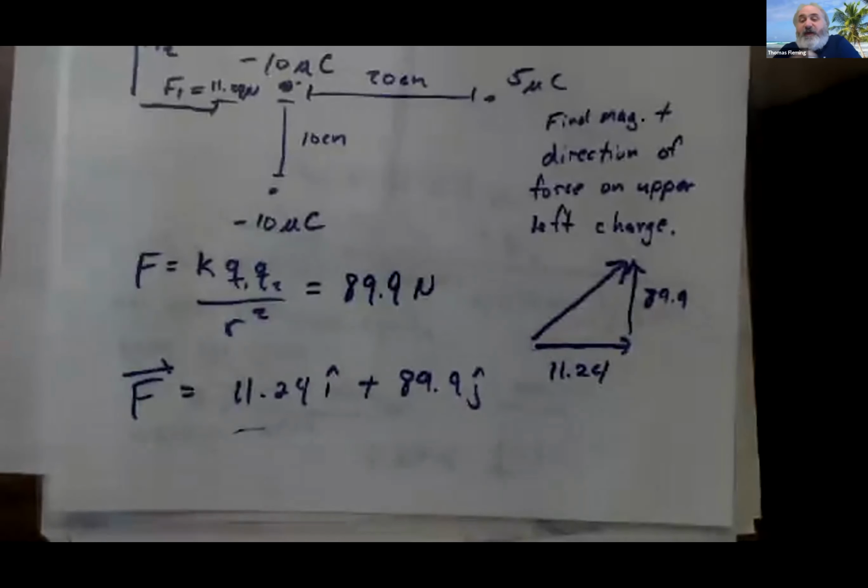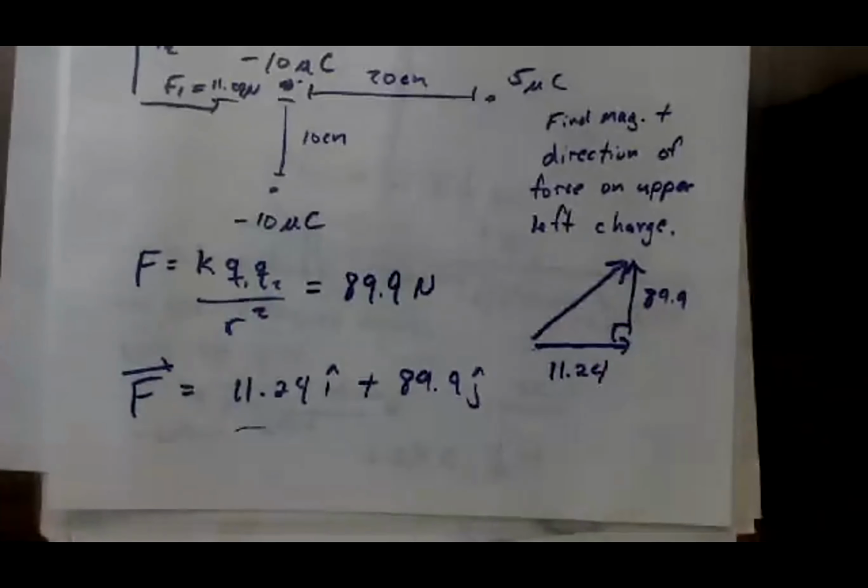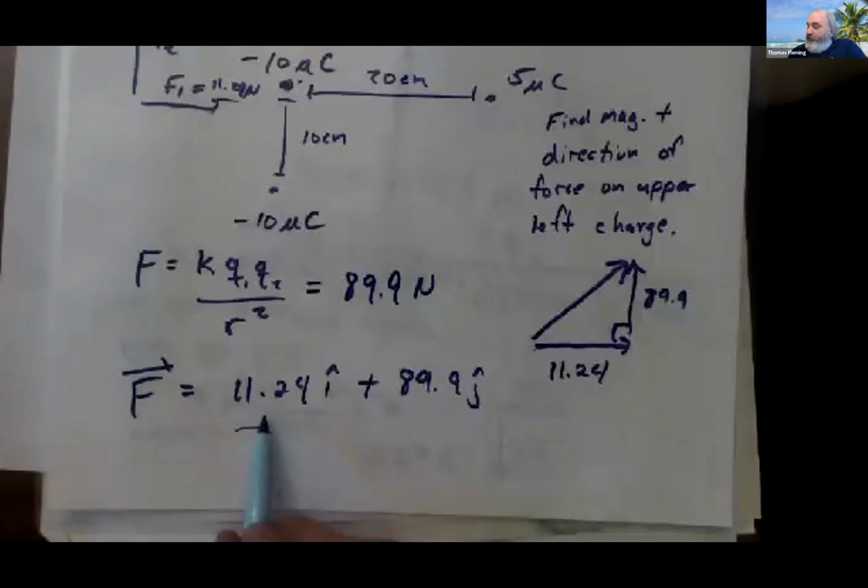So how do I find the length of that vector? That's a right triangle. Yeah, a squared plus b squared equals c squared. Exactly. I'll use the Pythagorean theorem. So the two components that I got are just the sides of that vector.